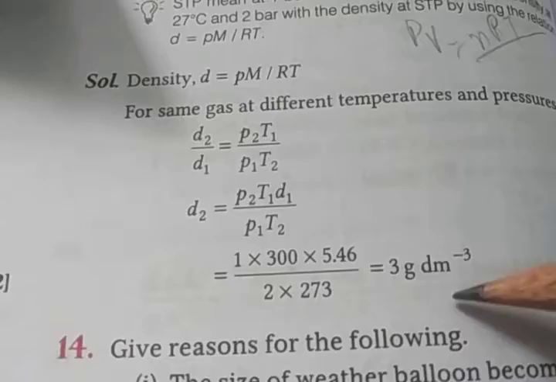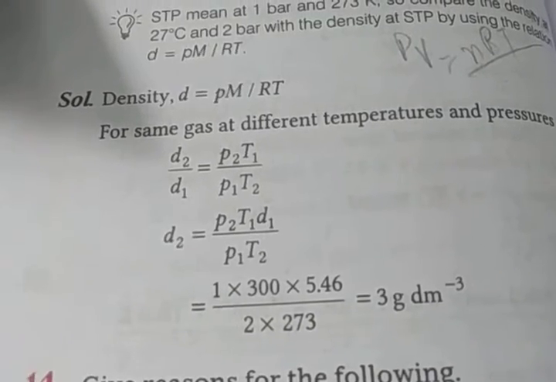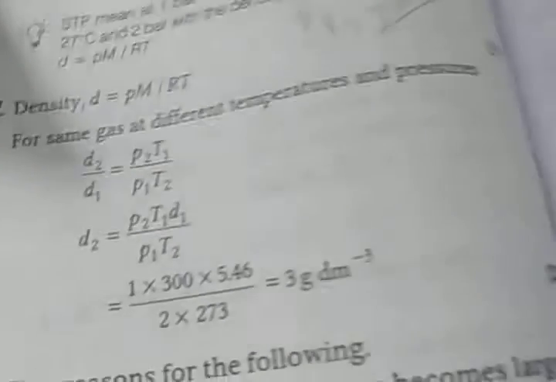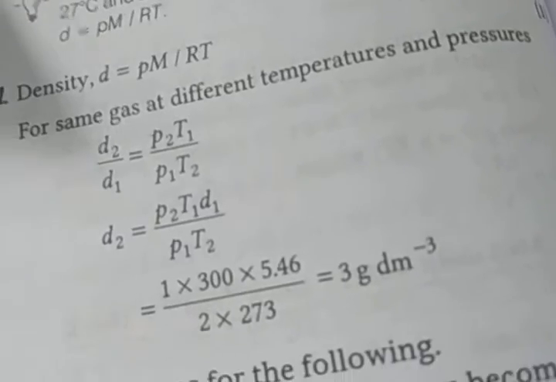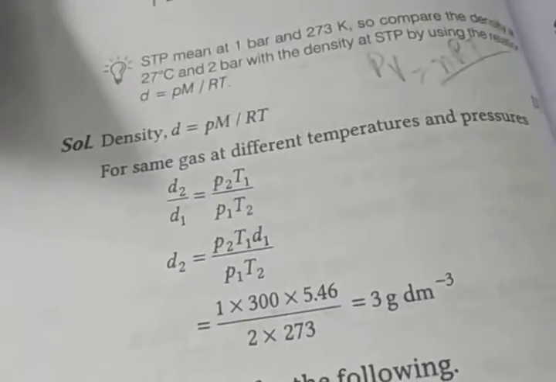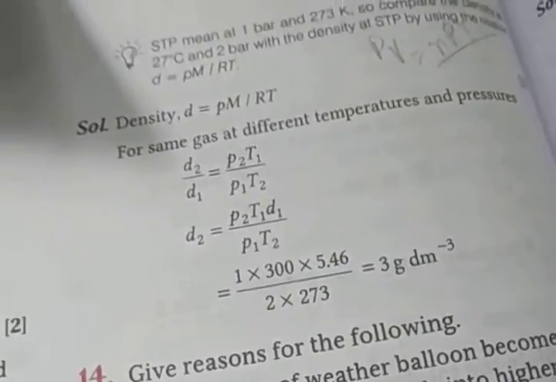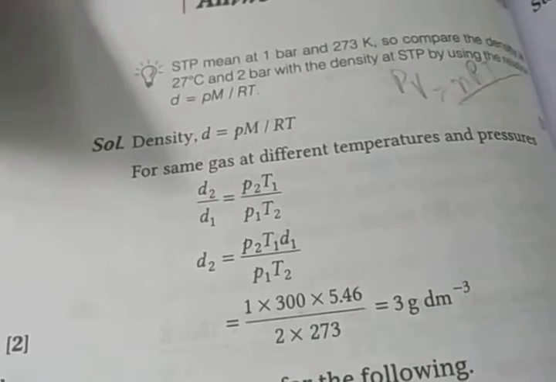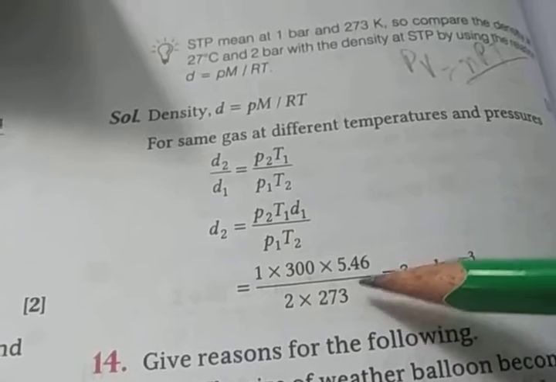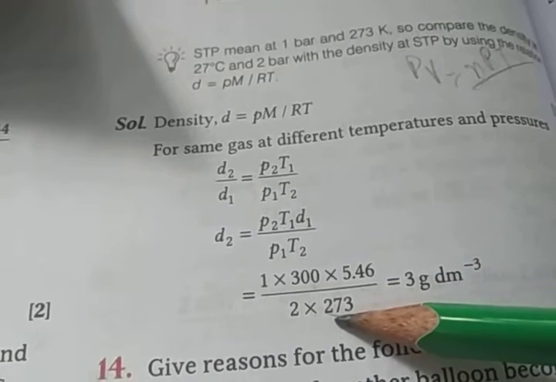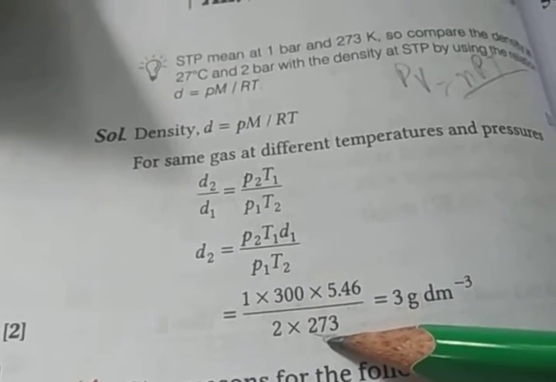So calculate: 3 gram per decimeter cube. Temperature 27 degrees Celsius, so plus 273. Clear? And then here find out the density at STP, standard temperature and pressure, so here we have to put the standard temperature value. Clear?